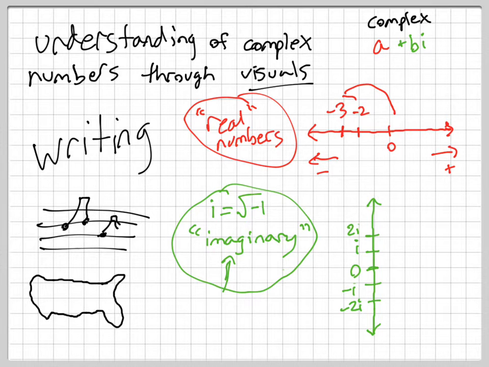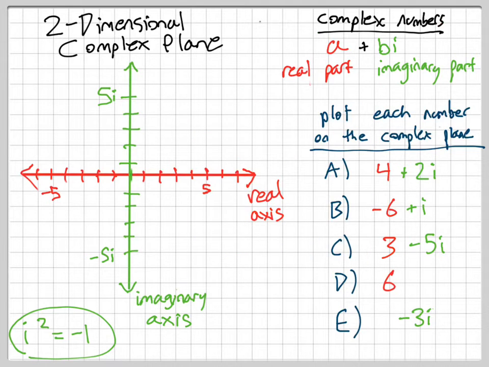Well, if real numbers are a single number line and imaginary numbers are another number line, but in another dimension, meaning sort of pointed in a different direction than the real numbers, then to put these two spaces together and get a complex number, we can overlap these number lines on top of one another. And that gives us a two-dimensional space called the complex plane, where we can visualize what a complex number looks like.